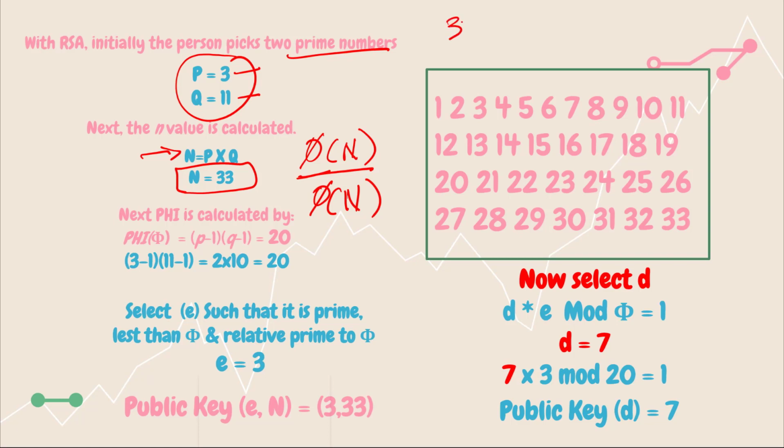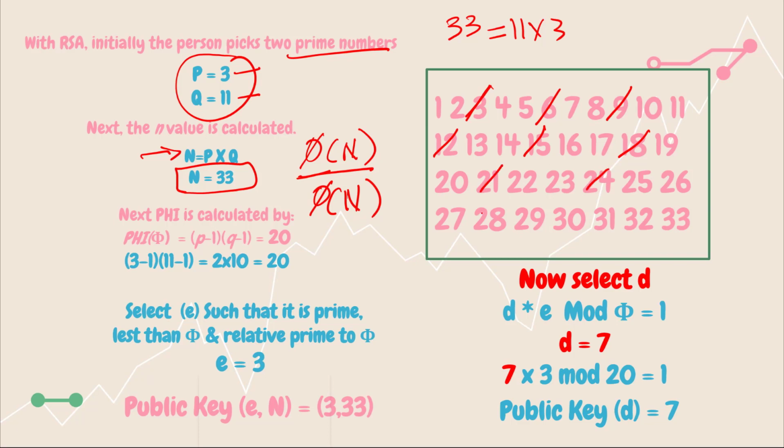Let's say 33, I can write it down as 11 times 3. So 11 and 3 are the factors. 3 cannot be included in the phi function of 33 because 3 has a common factor with 33. So if 3 is eliminated, then all the multiples of 3 are going to be eliminated. So let's eliminate all those.